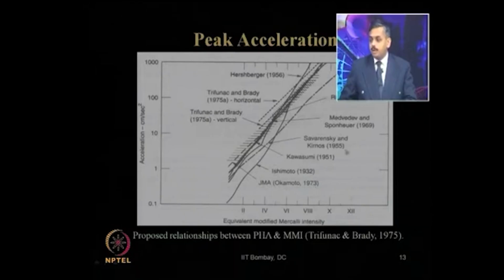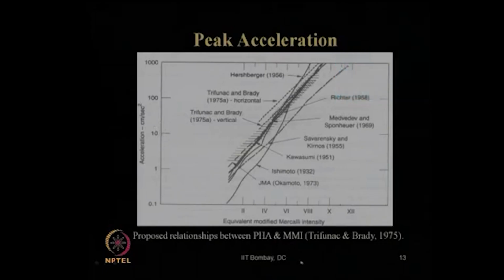These are various equations proposed by various researchers, and among these the latest one is proposed by Trifunac and Brady, both for PHA as well as for PVA. So, once you know your MMI, using this relationship or this chart, you can estimate your PHA or PVA, which you can use further for your design.